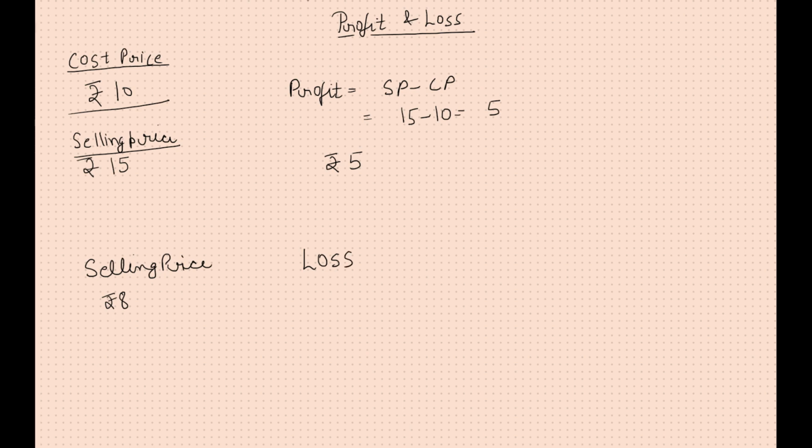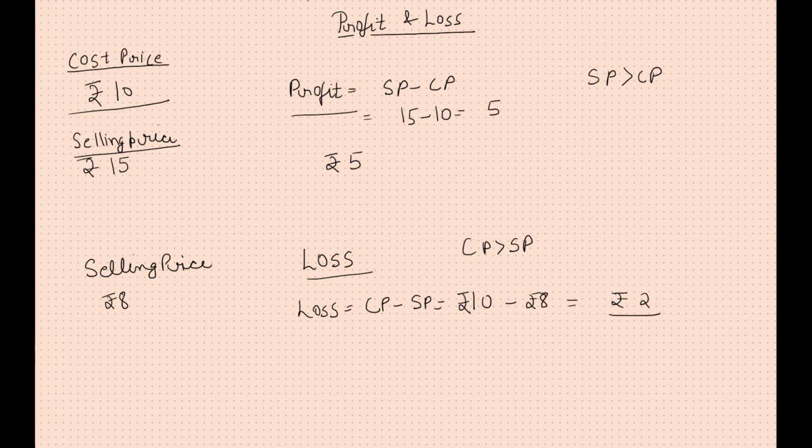So profit only happens when selling price is greater than cost price, and loss happens when cost price is greater than selling price. So here in this case, loss will be cost price minus selling price. Okay, so cost price is 10, selling price is 8, so I have a loss of 2 rupees.